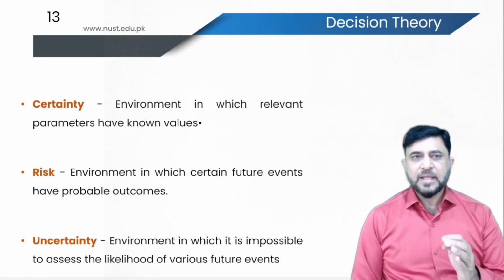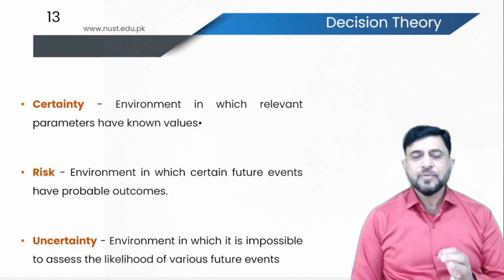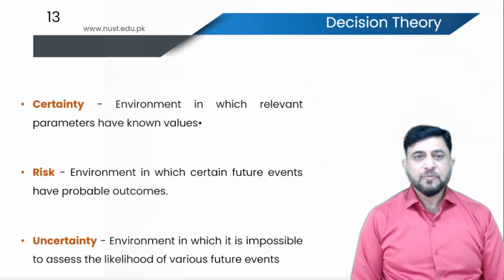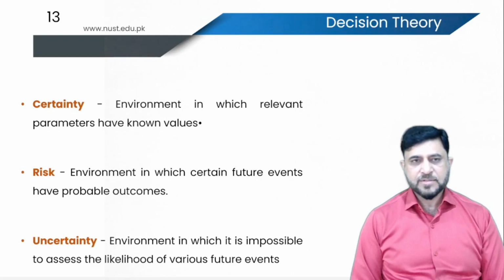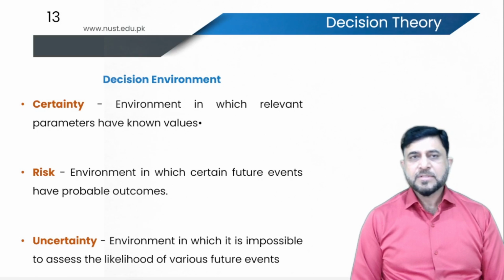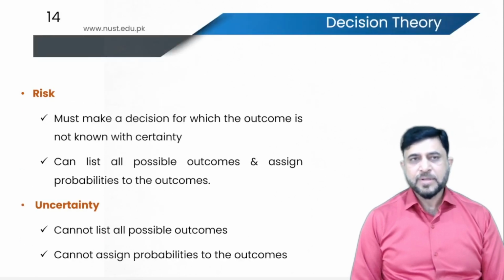If you know exactly in the previous example that the third egg is rotten, it means you will be making your decision with certainty. But what is risk? Environment in which certain future events have probable outcomes, which we did in the last example. Uncertainty, environment in which it is impossible to assess the likelihood of various future events. So these are decision environments.